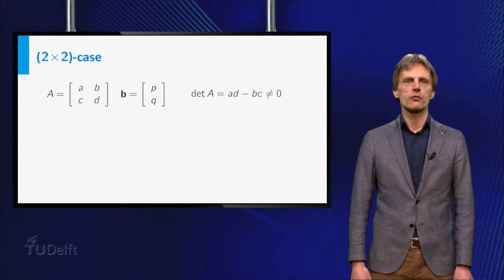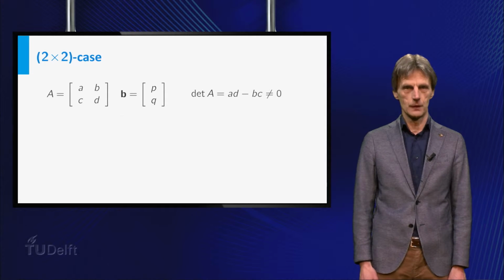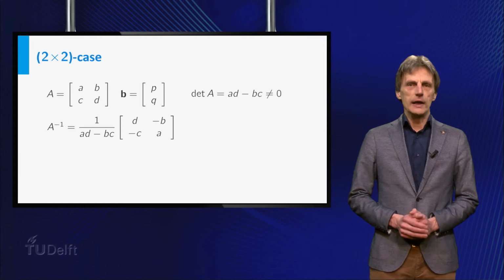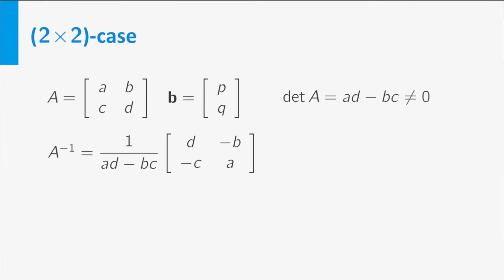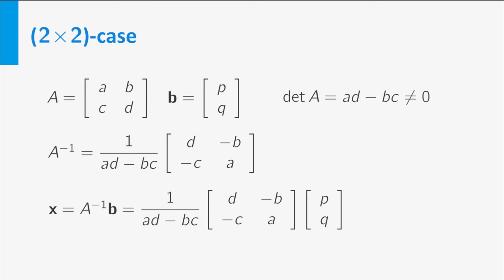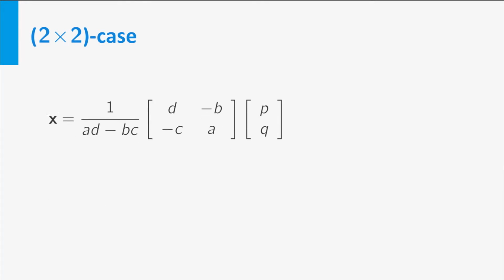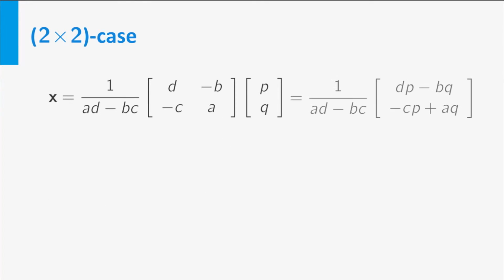Assume that the determinant of A is unequal to 0, which implies that A is invertible. The inverse of A is given by 1 over ad minus bc times the matrix [d -b; -c a]. So the solution x of the system is equal to 1 over ad minus bc times the vector (dp minus bq, minus cp plus aq).